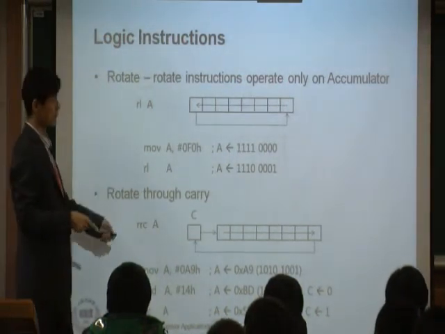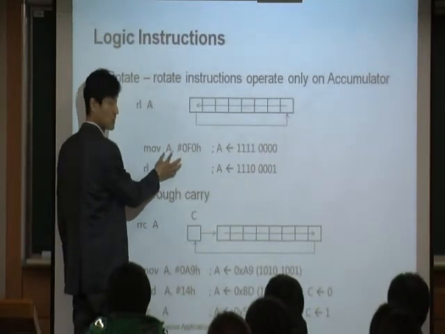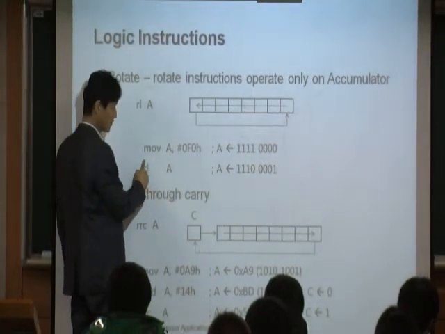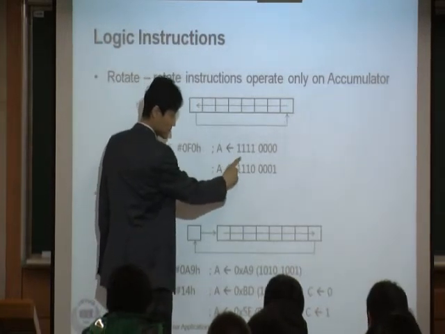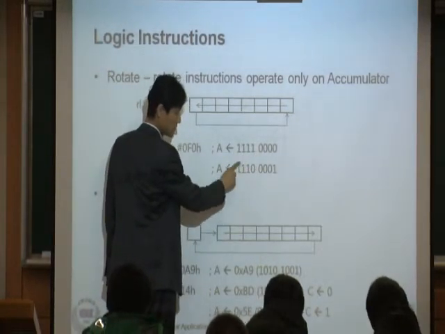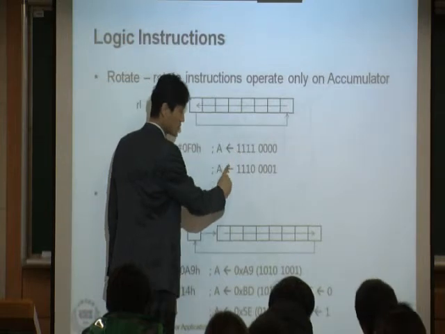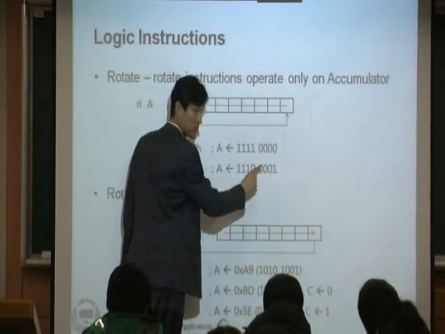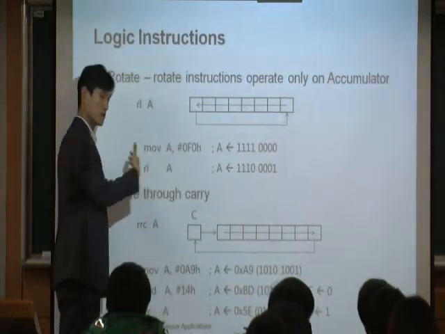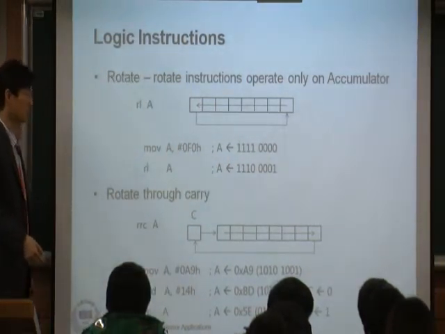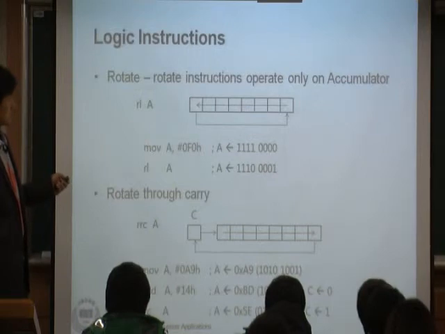Like this, for example, you have value F0, that's the original value, and now you run the rotate left. Then, as you see here, this value becomes this, right? The MSB goes to the end. It becomes 1, and all the other bits move to the left by one bit. This is a rotate left.